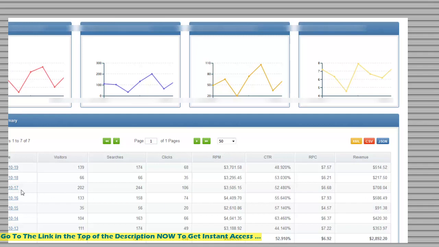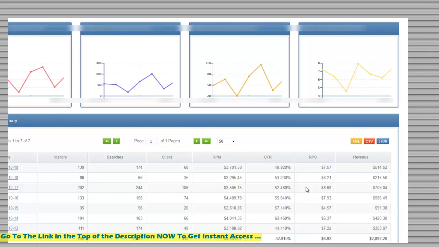So where are we at? We're at the 16th, 586 that day, $708 in one day, right there on the 17th. Another 217 that day. Clicks a little lower. This RPC here, this is what I'm getting paid per click, and this is pretty rare. Not many people do this.